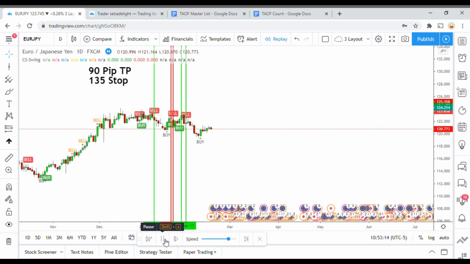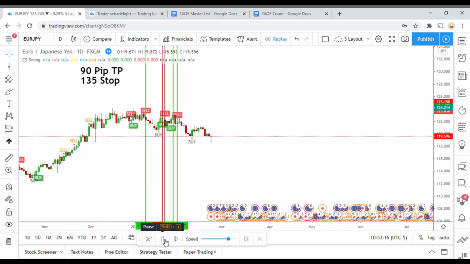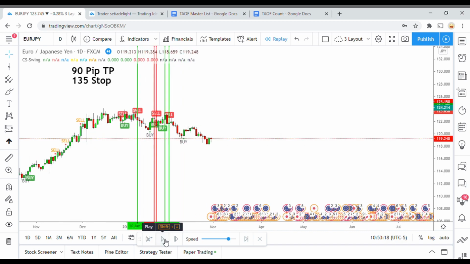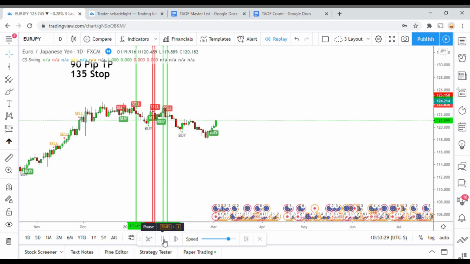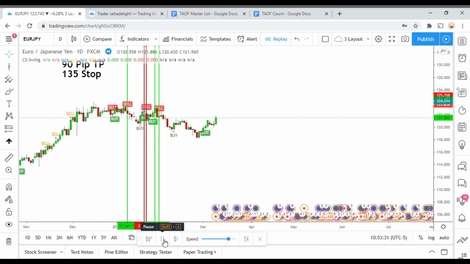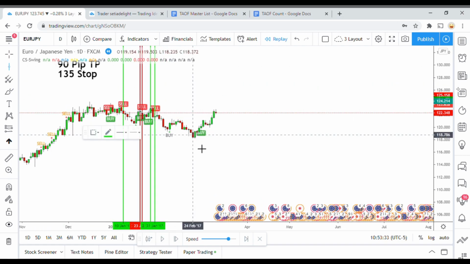Haven't noticed it repainting. I thought maybe I caught a glimpse of it back here, but I'm not 100% sure, and so just go ahead and play it forward, and we'll just see what happens. So we get a buy signal there.